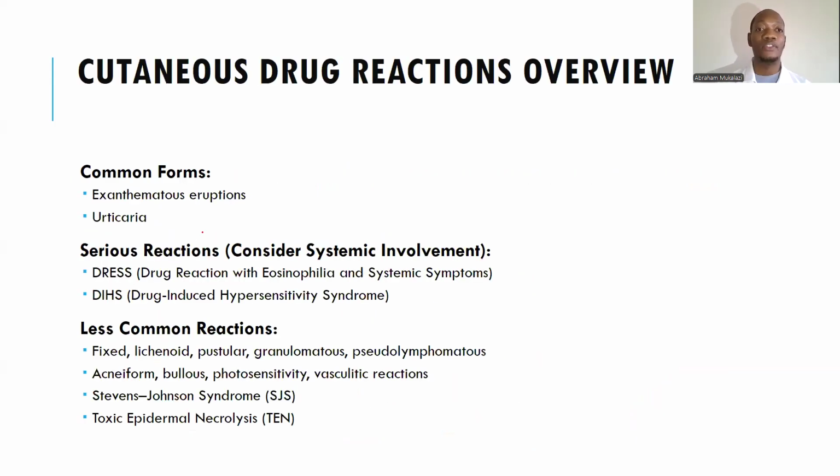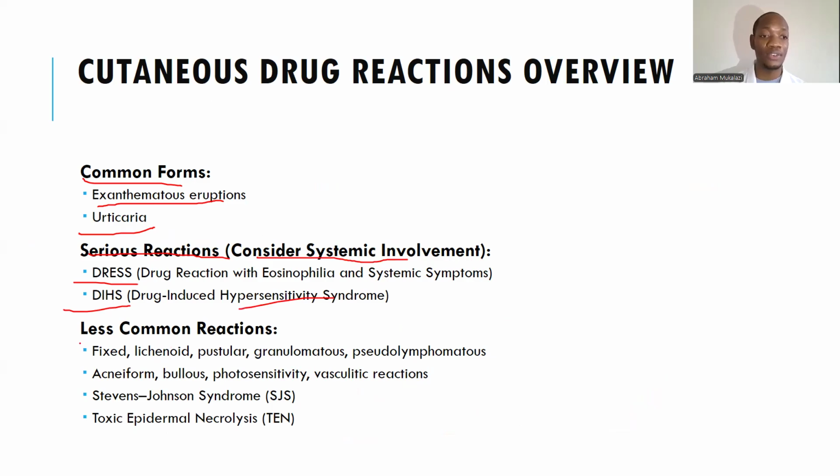We can classify drug reactions into 3 major groups depending on how common they are. The common forms are urticaria and exanthematous eruptions. Then we have the serious reactions that usually have systemic involvement. We can have DRESS and DIHS. DRESS is drug reaction with eosinophilia and systemic symptoms, and DIHS is drug-induced hypersensitivity syndrome.